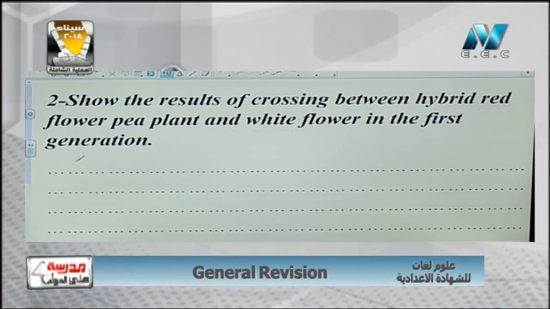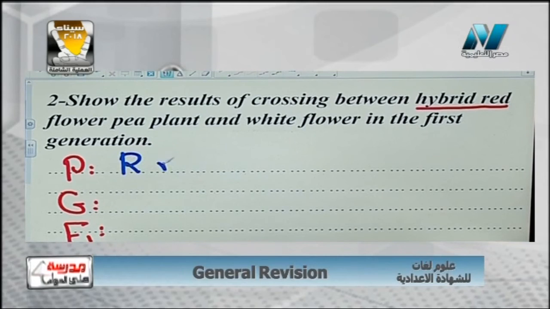Here is the parent, gametes, F1. Hybrid red or hybrid purple, the important thing is that it is dominant. So capital R small r with what? White flower. Of course white is recessive, so it is pure, so small r.